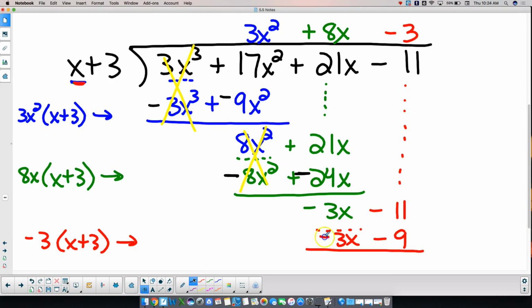Change both the signs. Negative 3x plus 3x. Negative 11 plus 9 is 2. Oh, excuse me. Negative 2.